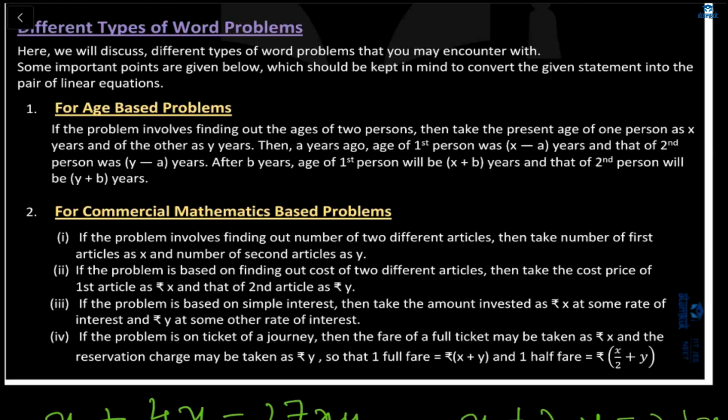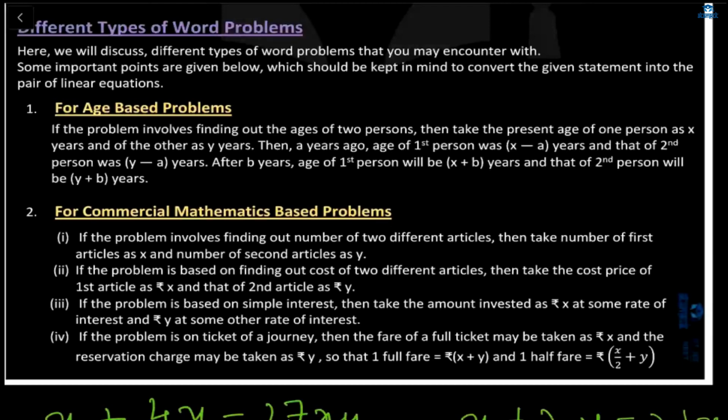So if you have assumed the present age, obviously the age of the first person 5 years ago, 5 साल पहले क्या होगी, x minus 5. Okay, if you are asking like 5 years ago, बोल रहे हो ना, 5 years ago, तो x minus 5. Second person y minus 5. और 5 साल के बाद उसकी एज जो है, 5 years after his age is given, so that will be equal to what? x plus 5, 5 years बाद बोल रहे हैं तो x plus 5, y plus 5. Okay, see here.